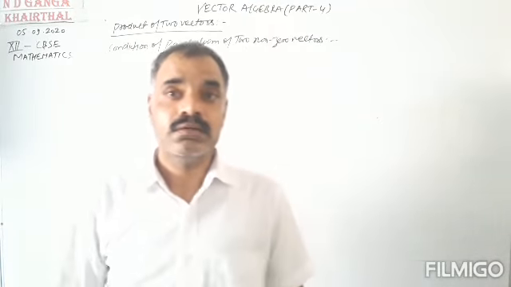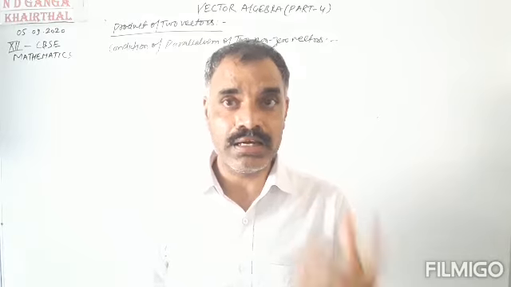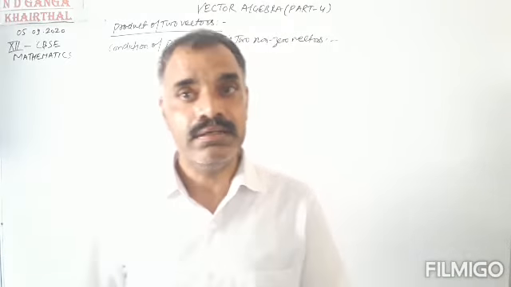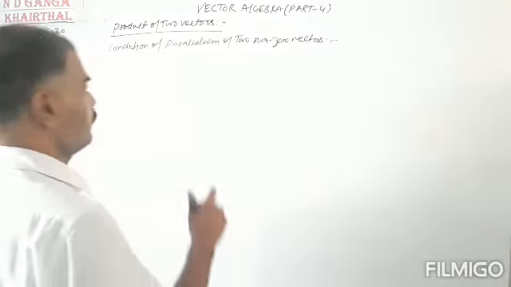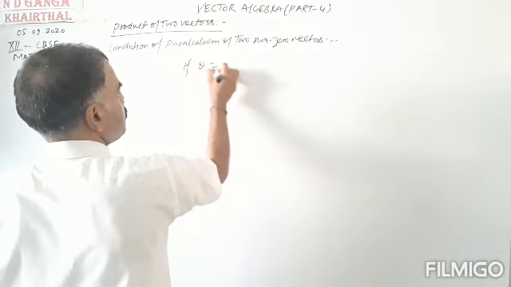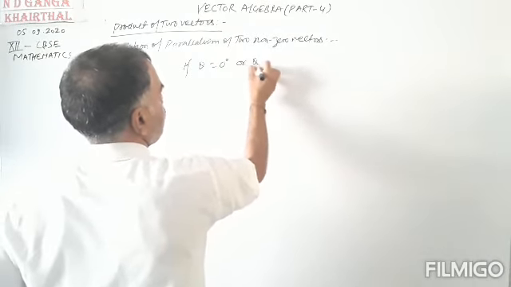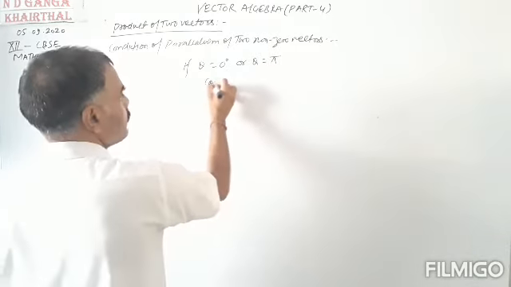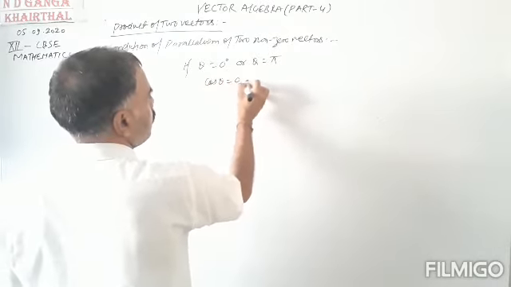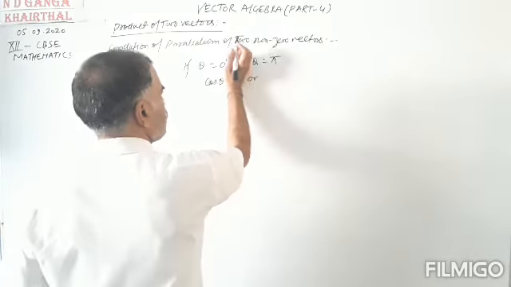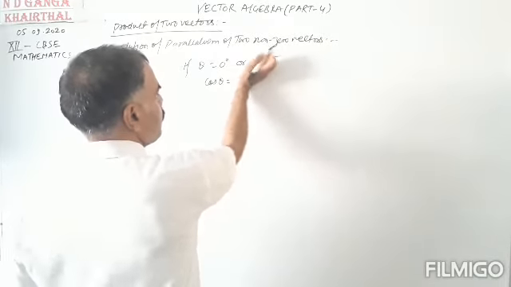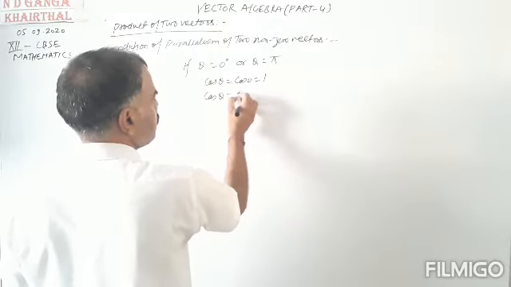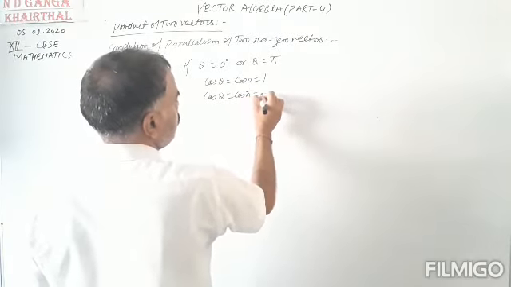Parallelism means either they have the angle 0 degree or they have the angle 180 degree. So if theta equals 0 degree or theta equals pi, then cos theta equals cos 0, which equals 1, or cos theta equals cos pi, which equals -1.